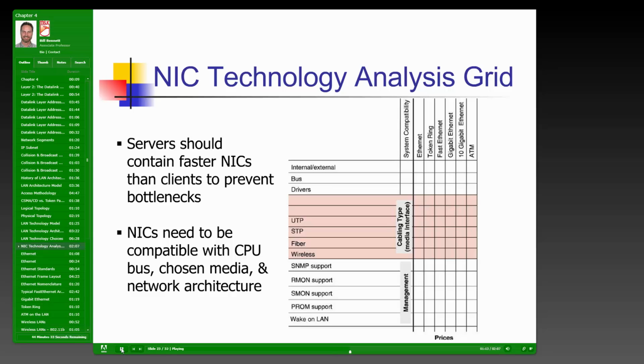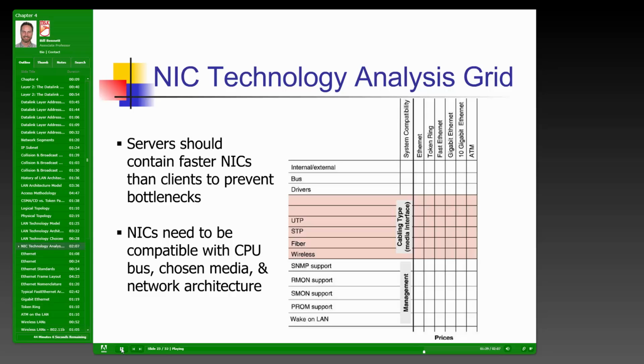So if you look at the grid over here on the right, you can see that there are boxes, and as you're looking at a particular component, you would identify if it's Ethernet, token ring, Fast Ethernet, Gigabit Ethernet, 10 Gigabit Ethernet, or ATM. Is it an internal interface or an external interface? What's the bus type and the drivers? Does it support UTP, STP, fiber, wireless?